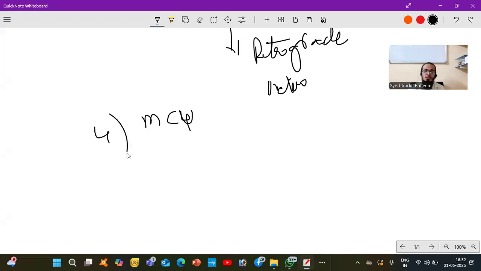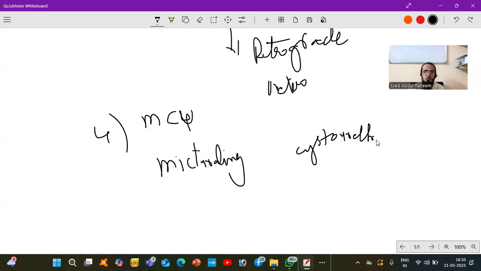The fourth type of radiological test is the one given while micturating. This test is called micturating cystourethrogram, MCU.